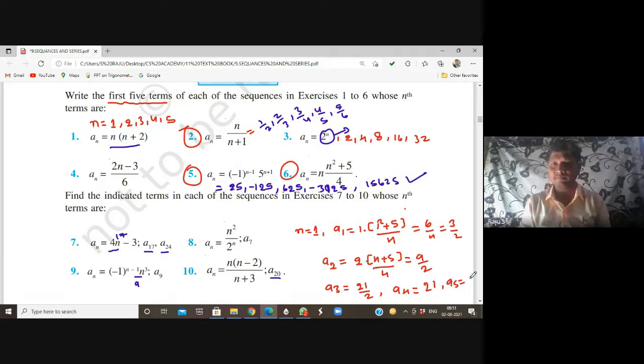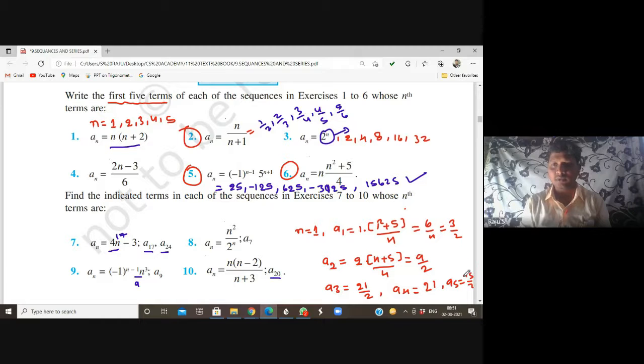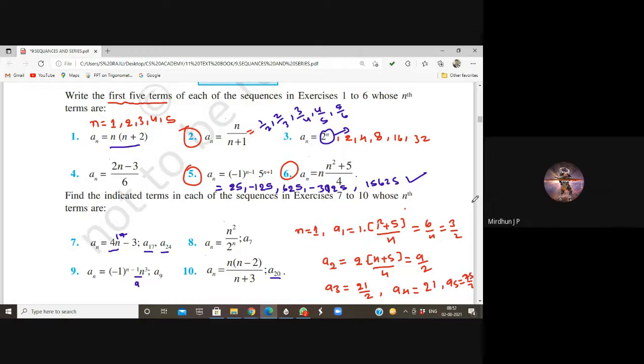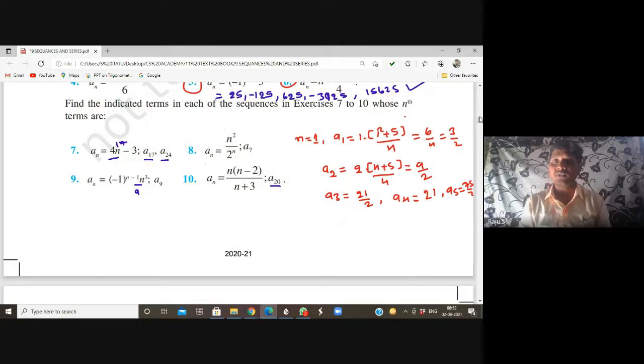A5 finally 75 by 2. Is it clear? Yes, sir, 75 by 2. Right. So after doing whatever problem you do, you can check the book back answer.